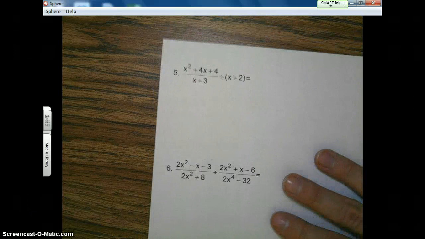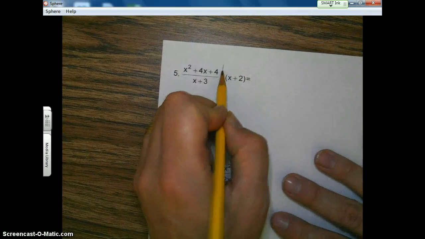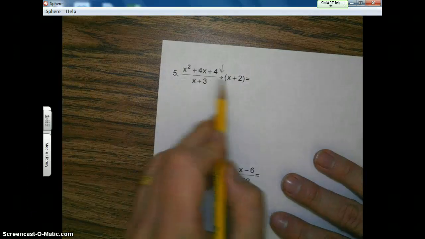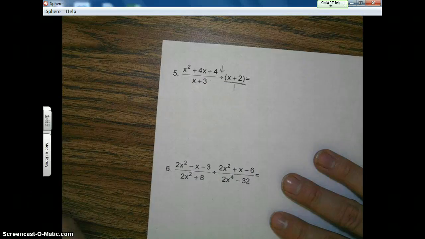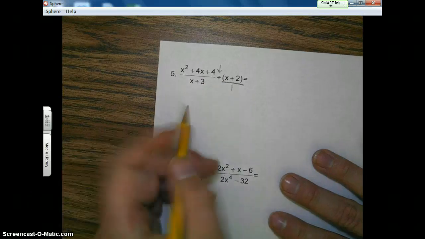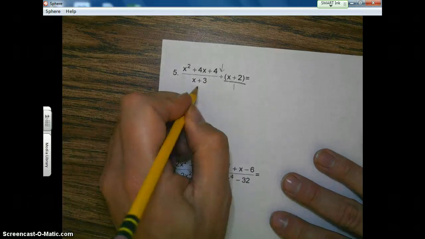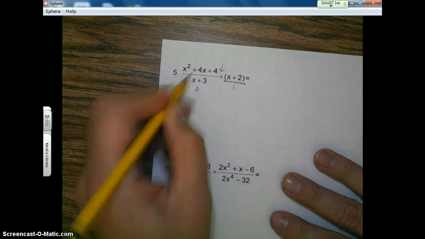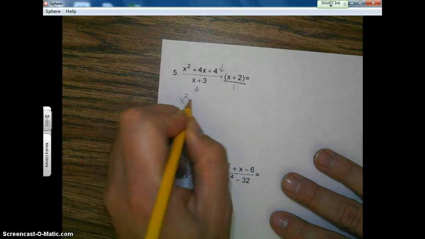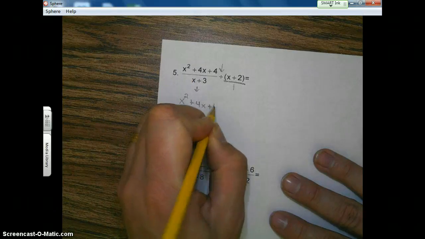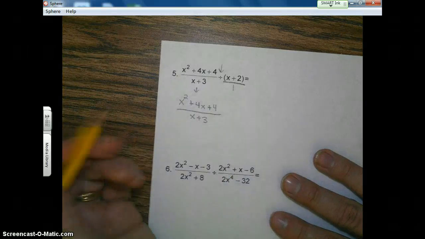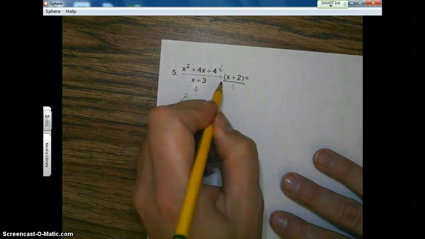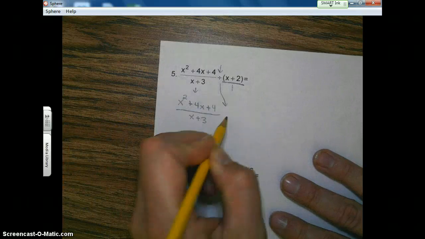All right, the rule for dividing. First thing you want to do is you want to make this into a fraction. So put it over 1 if it's not. Okay? Next thing you want to do is you want to bring down the first ratio. Second thing you want to do is you want to change division to multiplication.